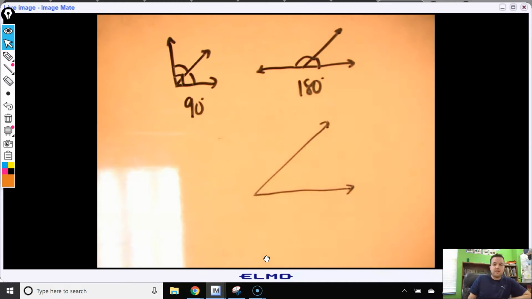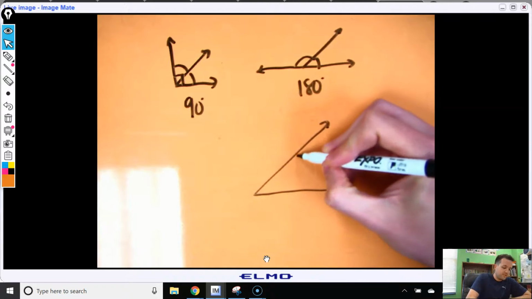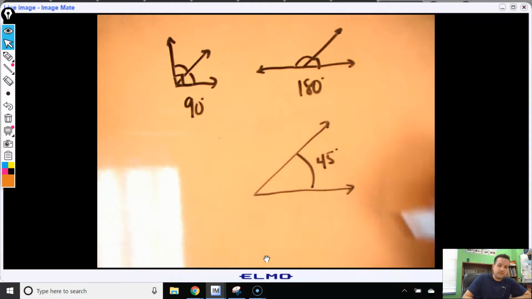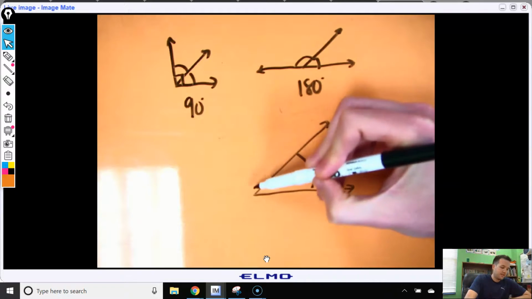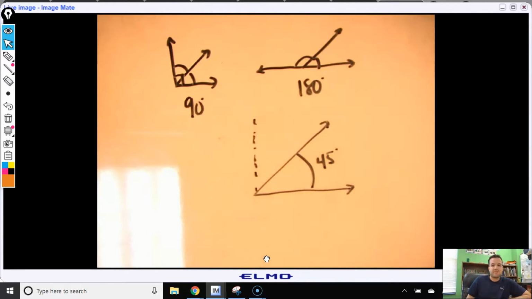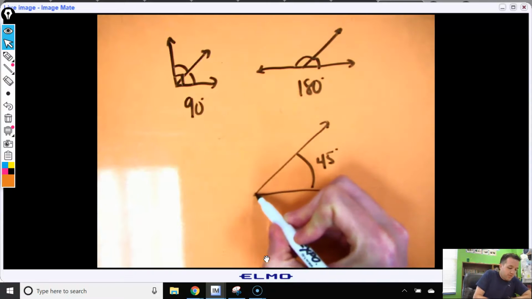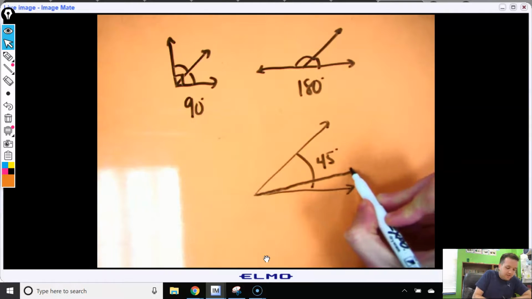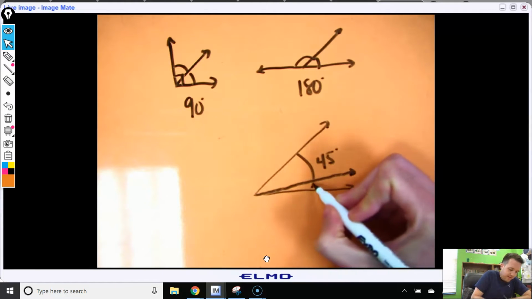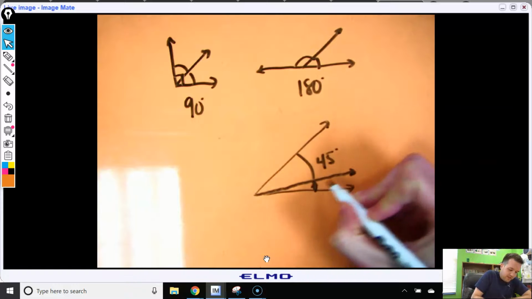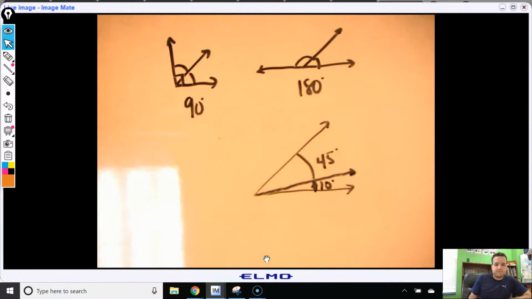So let's say here's an acute angle. Obviously it's less than 90 degrees. What if I said that this angle was 45 degrees? Making kind of sense because it looks like about half of a right angle, but it's not drawn to scale. What if I decomposed it into two angles and said that this angle from here to here was 10 degrees?